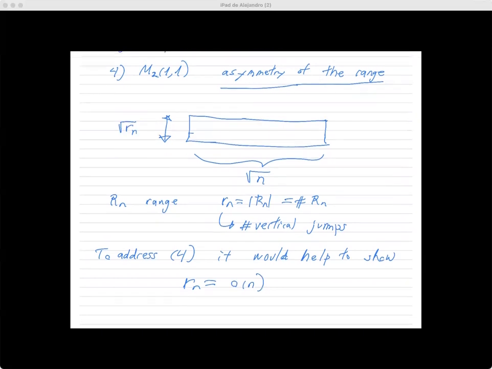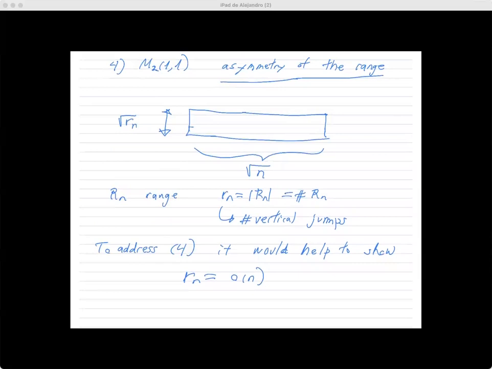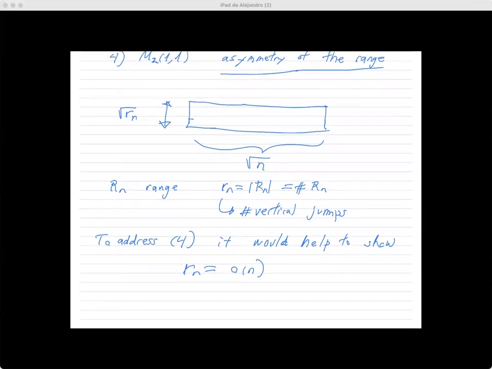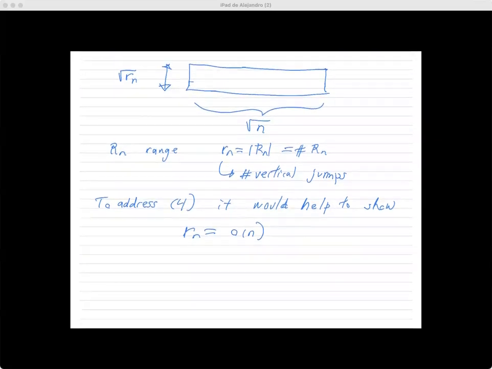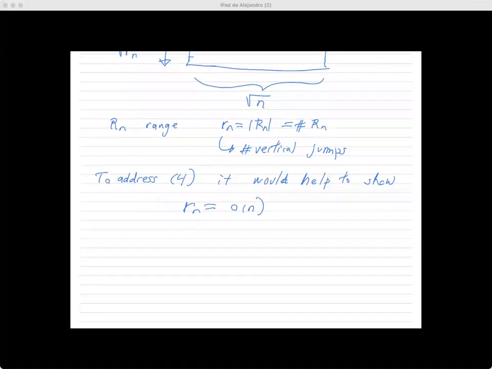Of course, if this was a simple random walk in dimension 2, this is trivial. The range, everybody knows, is more or less like n over log n. But here you have this non-Markovianity.